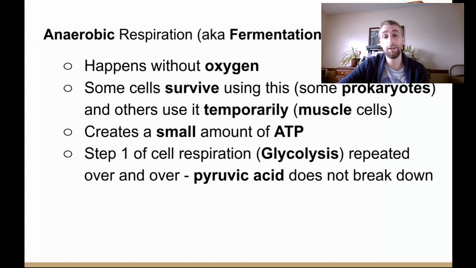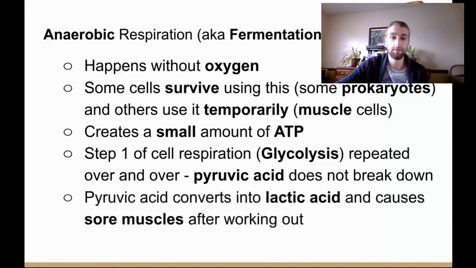So what's happening here? It's basically everything we talked about except cut it off after glycolysis, because step 2 and step 3 do need oxygen. But now we're just talking about step 1, glycolysis, breaking down glucose into 2 pyruvates or pyruvic acids. You don't need oxygen to do that, so your cells can keep doing that even when they don't have enough oxygen.